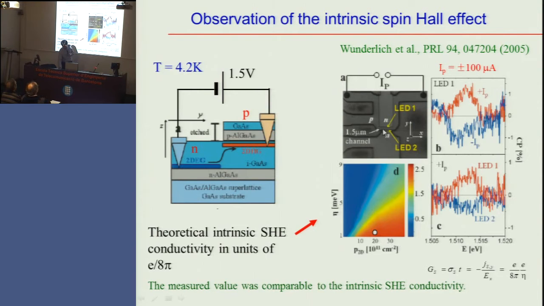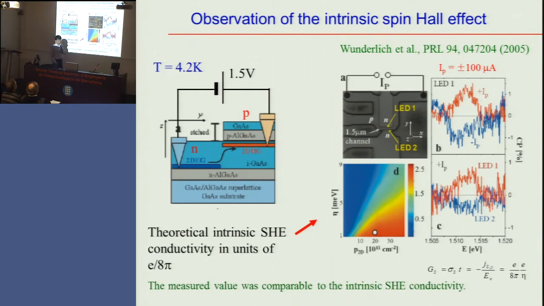The picture is small here. Current flows from this side this way, and at the edge there are two p-type gallium arsenide regions here and another p-type here. When the electrons flow, spin up accumulate on this side, and spin down accumulate on that side. Spin up electrons combine with the holes on this side, and that makes light come out. But that light should be circularly polarized.